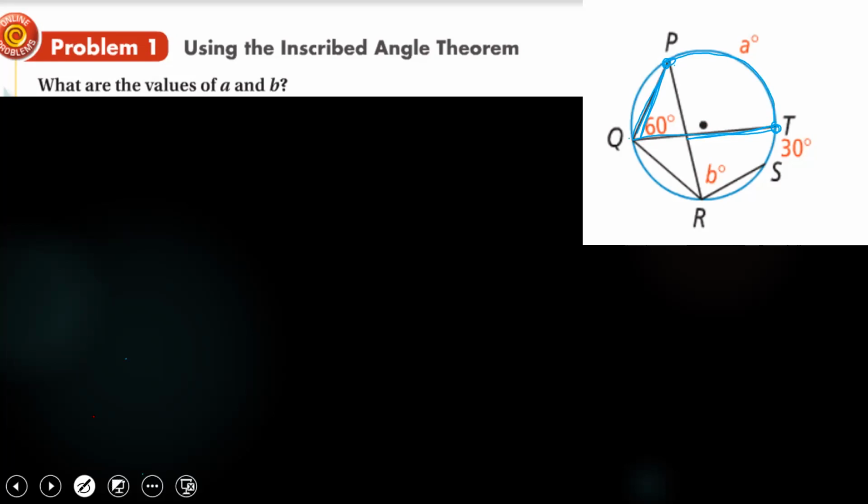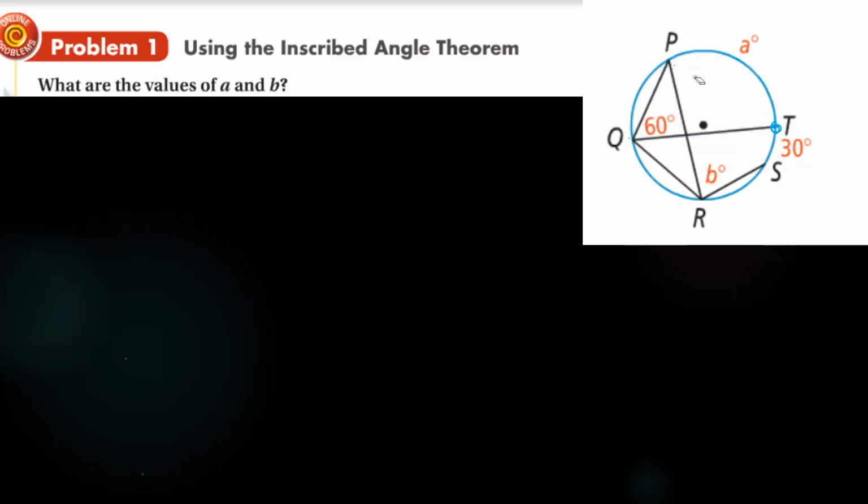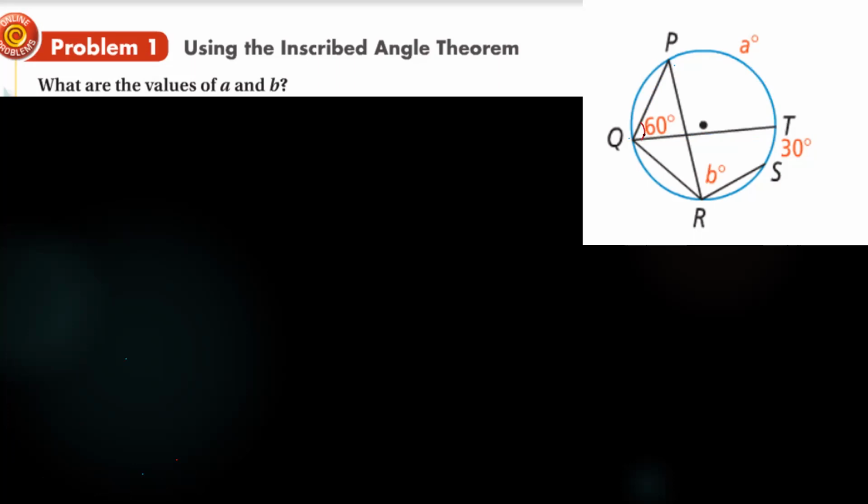Teacher, how did you know? Okay, I will repeat it here. Now, for this angle here, 60 degrees, we said that each angle has two sides.